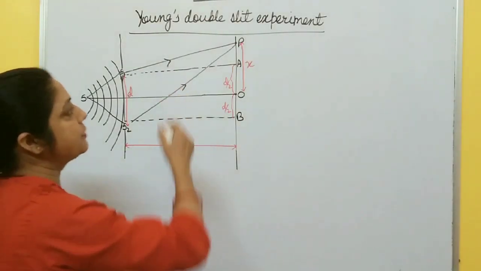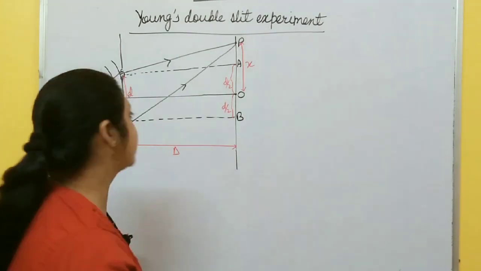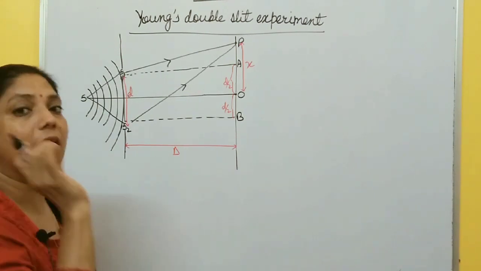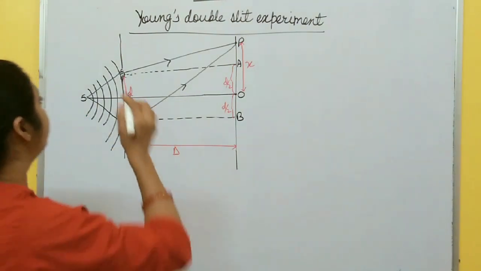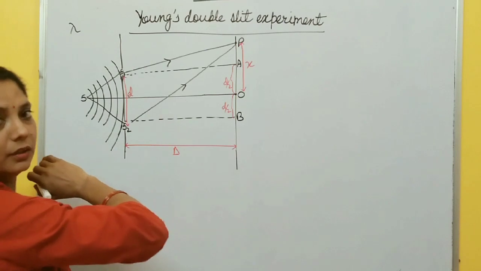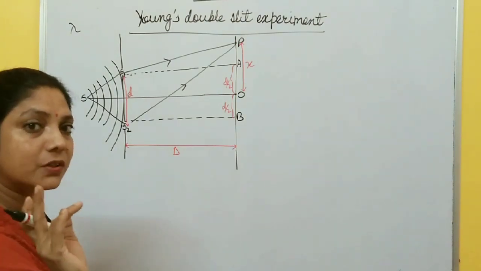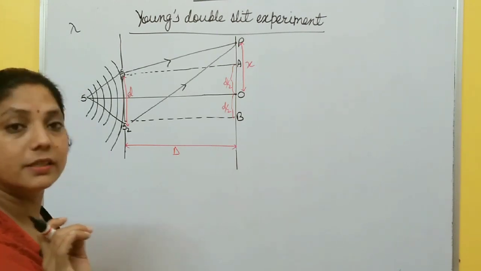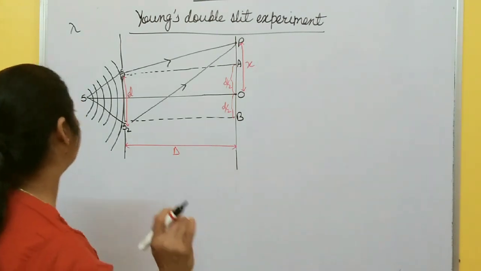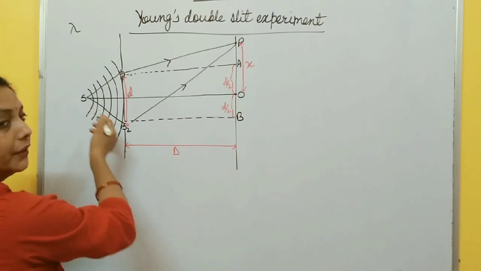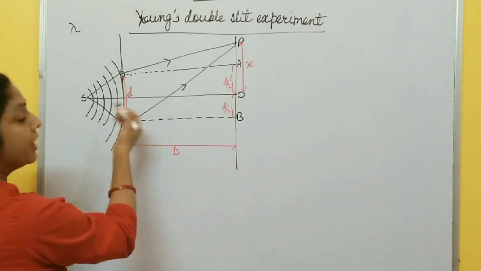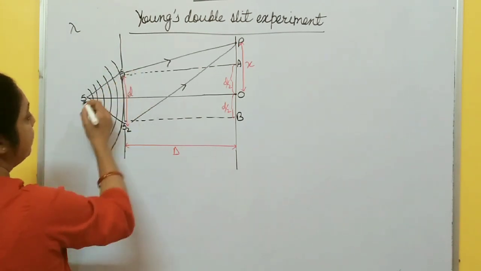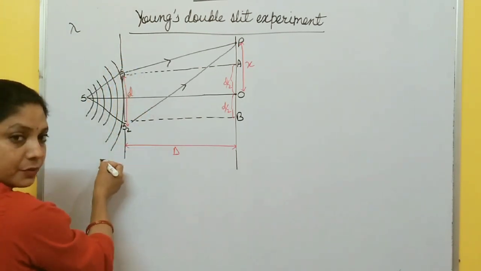Now this is the experimental setup of Young's double slit experiment. This slit S is illuminated by a monochromatic source of light of wavelength, suppose lambda. Why do we take a monochromatic source? To produce sustained interference so that it is easy to observe on the screen, right? And according to Huygens principle, if you apply the wave theory of light, these are different wavefronts. Suppose after some time the wavefront reaches this point.